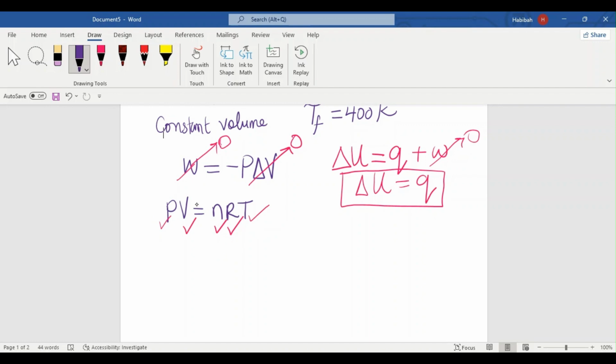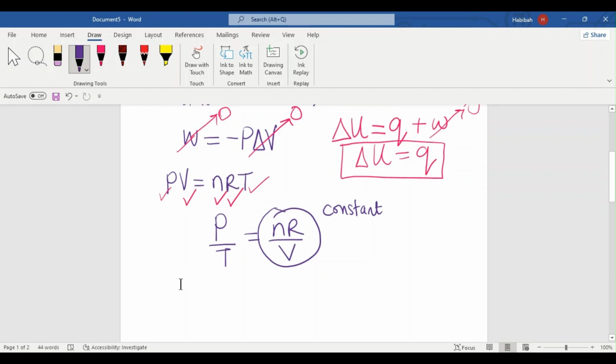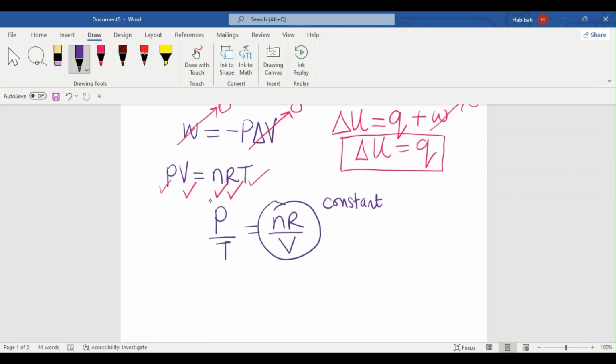When we do that, we end up with P divided by T equals nR divided by V. All of this information is constant, so every single moment in this entire process, nR divided by V is going to have a constant value.